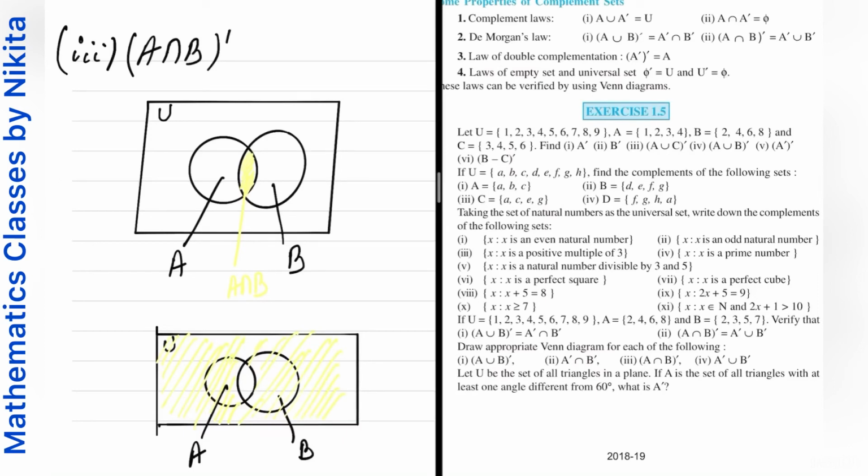So I have left the A intersection B. Okay, so this is your A intersection B whole complement.